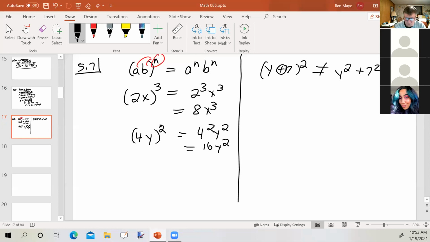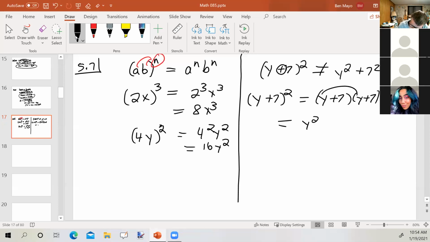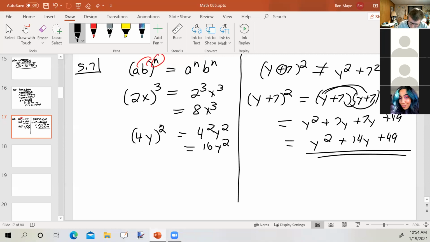We are not multiplying. What we have to do with this is we get y plus 7 times y plus 7, which is y squared plus 7y plus 7y plus 49, or y squared plus 14y plus 49.